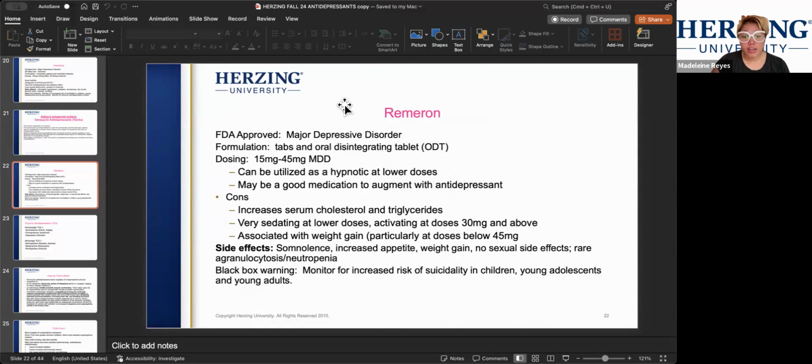Increases serum cholesterol and triglycerides, so make sure you're doing your lab work. Very sedating at lower doses, activating at 30 or above. Associated with weight gain. Side effects: somnolence, increased appetite, weight gain, no sexual side effects, rare agranulocytosis or neutropenia. Again, black box warning for young folks.